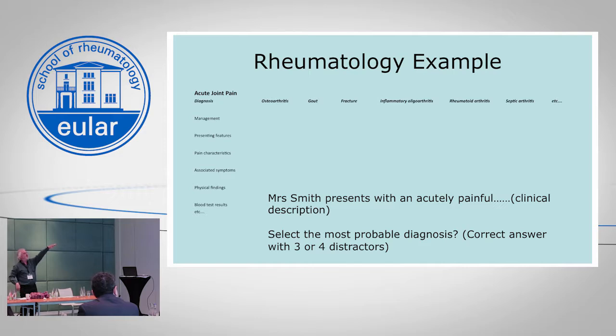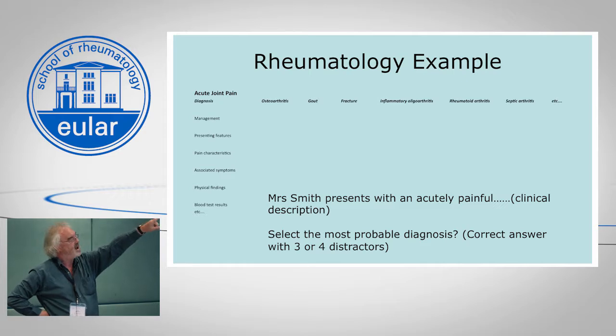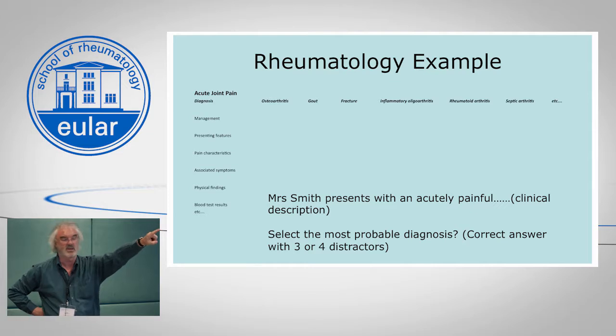And then you can imagine underneath, you could put management if necessary, if you want to go down that route. But then, in all of those cases, you could put presenting features or pain characteristics of each of those, or associated symptoms, or the physical findings or blood test results associated with each one of those.